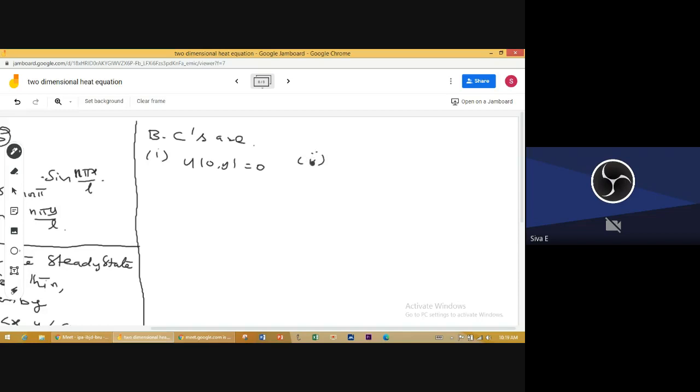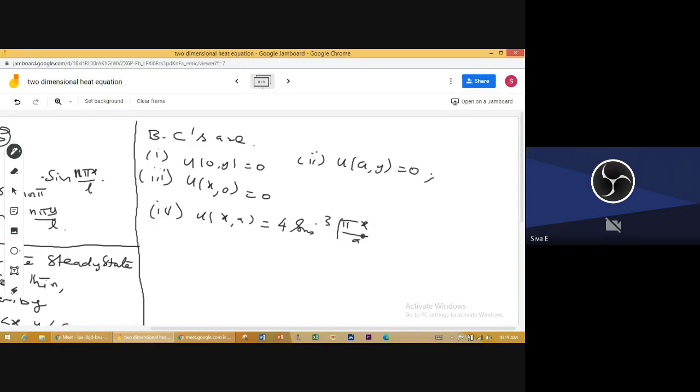Second is u(a, y) = 0. Third is u(x, 0) = 0. Last boundary condition is u(x, a) = 4 sin³(πx/a), where 0 < x < a.